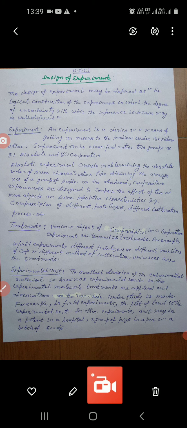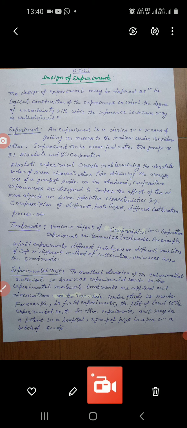Once again, design of experiment may be defined as the logical construction of the experiment in which the degree of uncertainty with which the inference is drawn may be well defined.